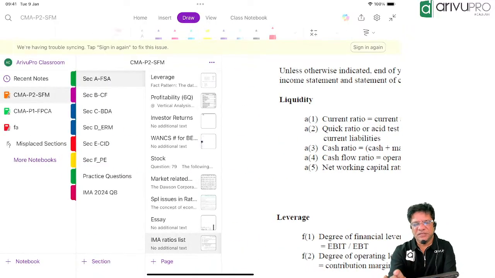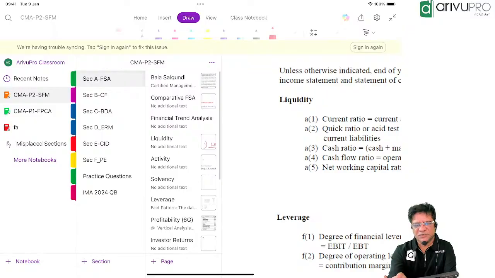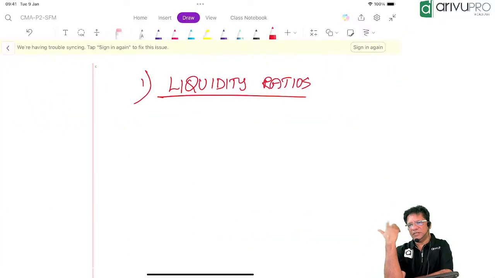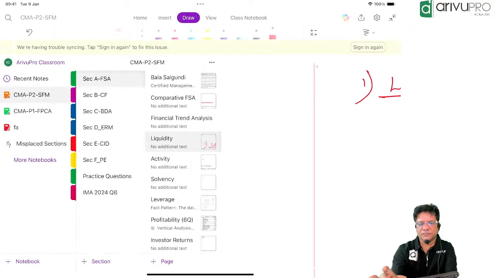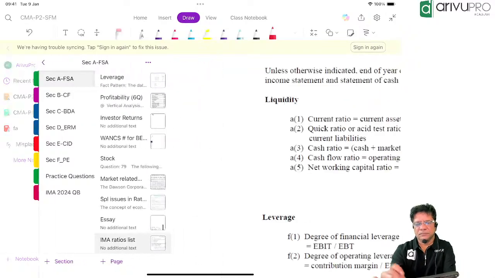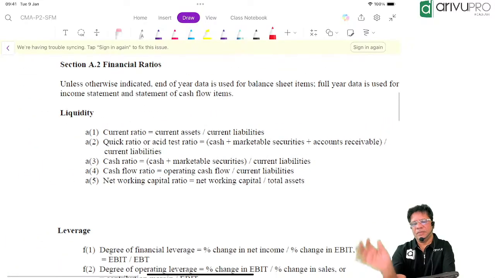Some of these are basic ratios. You have studied that in your graduation, post graduation. This is nothing big. Last one, net working capital, in bracket current assets minus current liabilities, close bracket, divided by total assets.